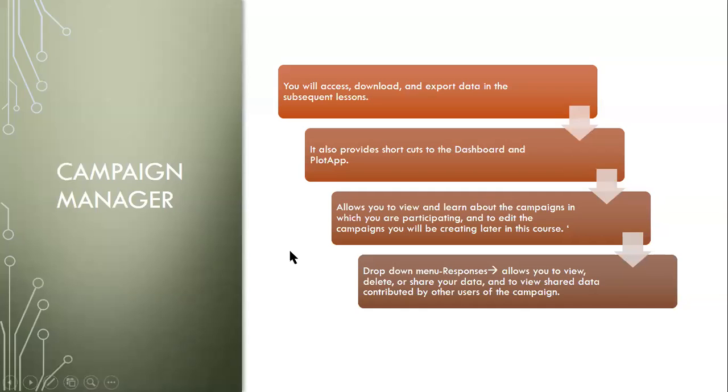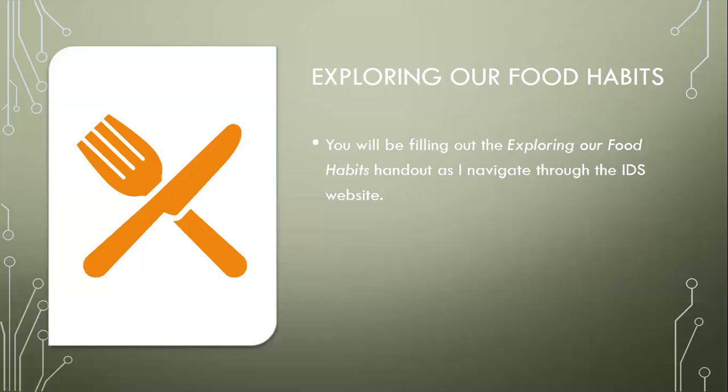Miss K, yes, Alexander. I can't find the website. I'm trying to type the ids.lbschools.net login, but it's not bringing up the login page. There is no login page. There's a login button at the top right corner. See where it says login?